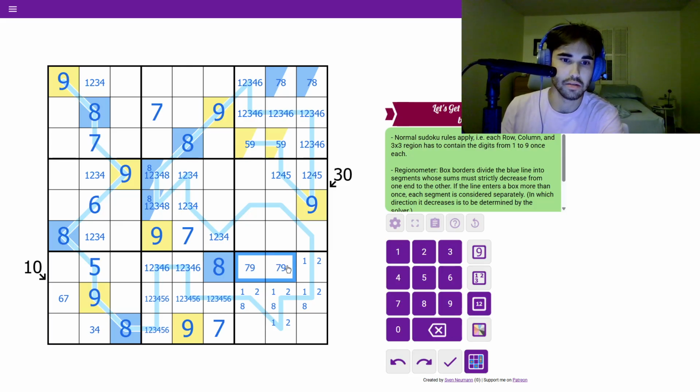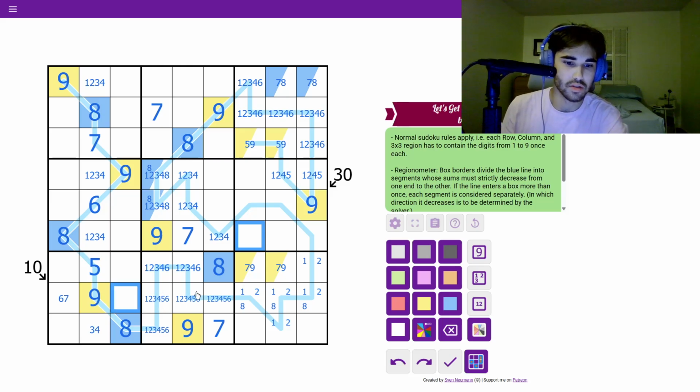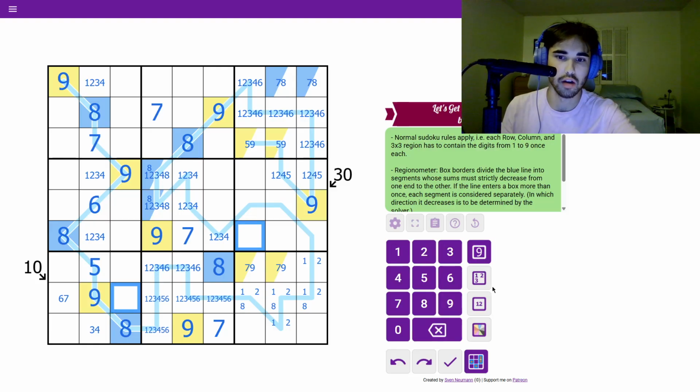So let's do that. So now 7s are in one of... Oh gosh, I'm going between colors and numbers. Nope, Command Z. 7's either here or here. It's because multi-select was on, man. So it's in one of these 2 cells, no matter what.